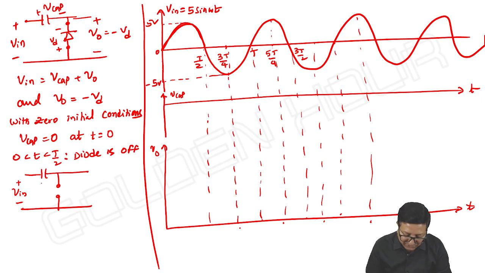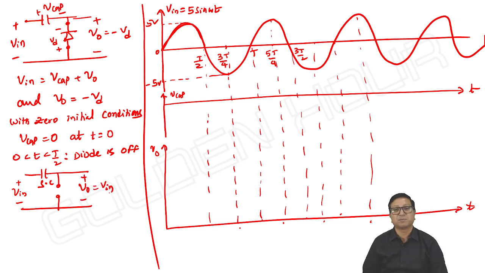Nothing. There is no possibility for the capacitor to charge. So, what is V output? V capacitor is 0 and output is equal to input. Like this.